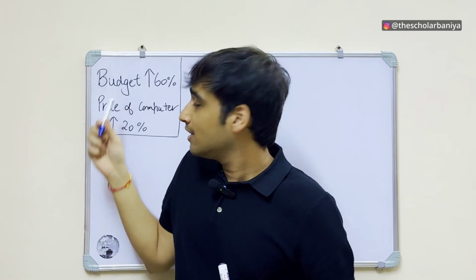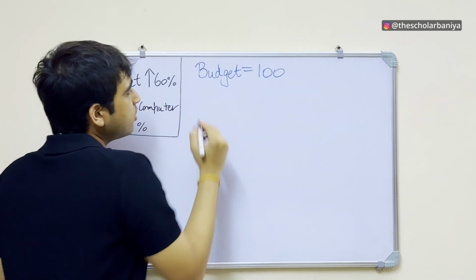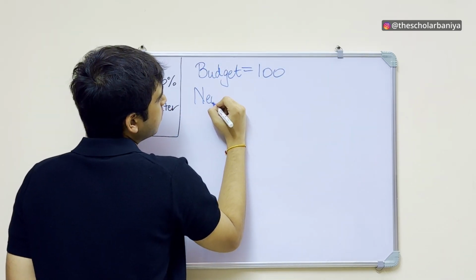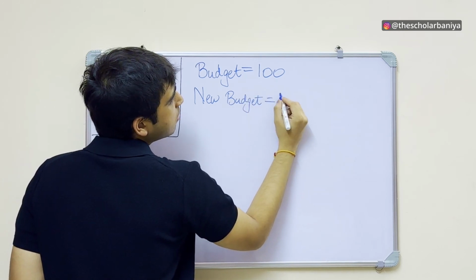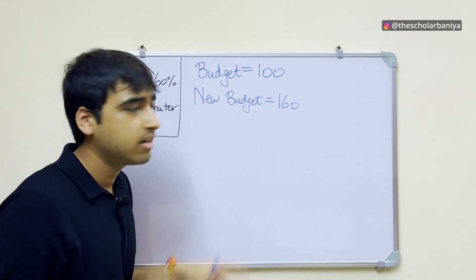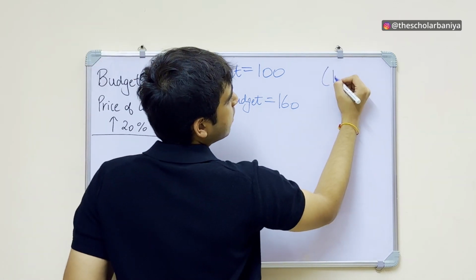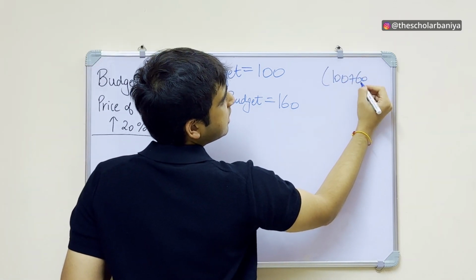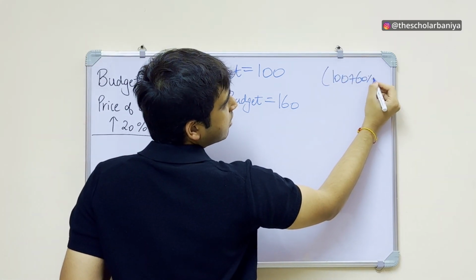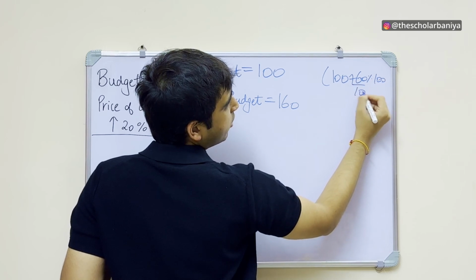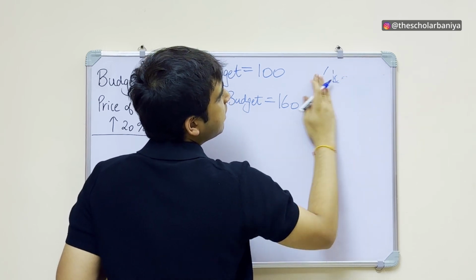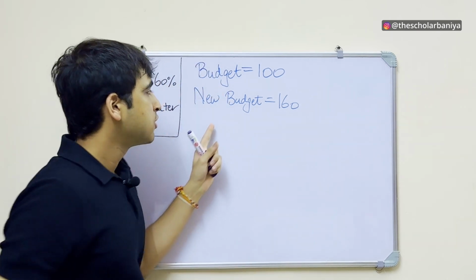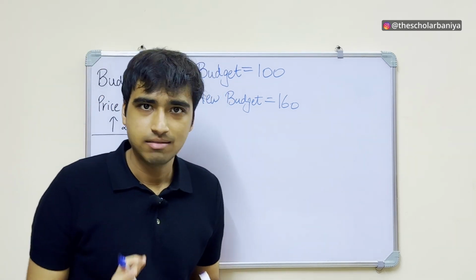We know that the budget increased by 60%. So the new budget will be how much? 160, right? 100 plus 60% of 100, so that is 60 upon 100 into 100. So 160. I hope this should be fine, right? So the new budget becomes 160.